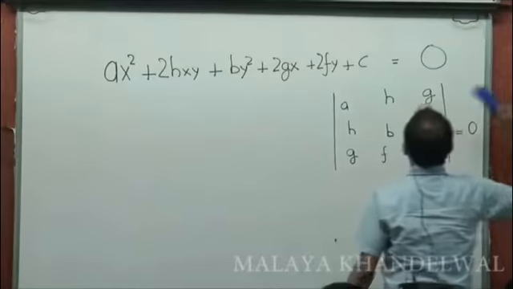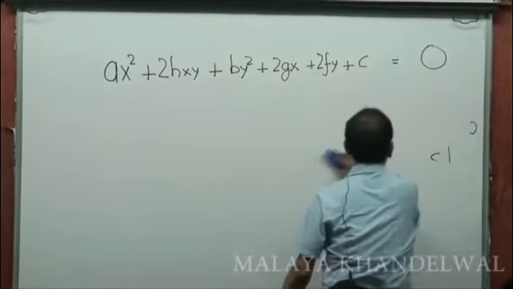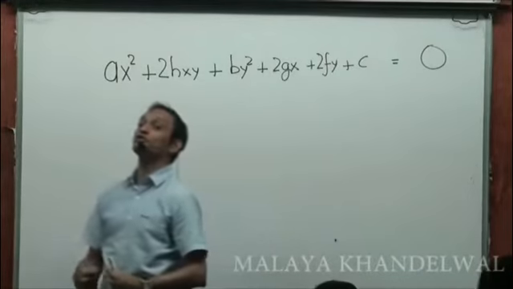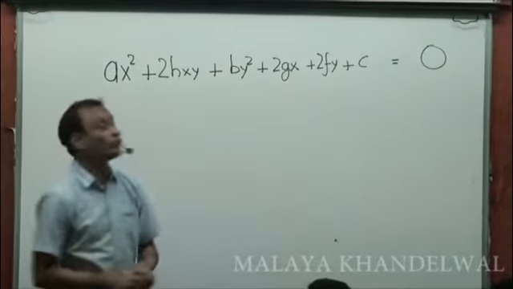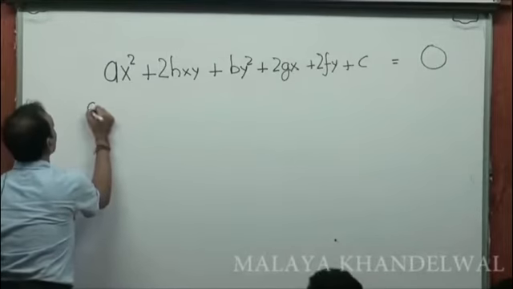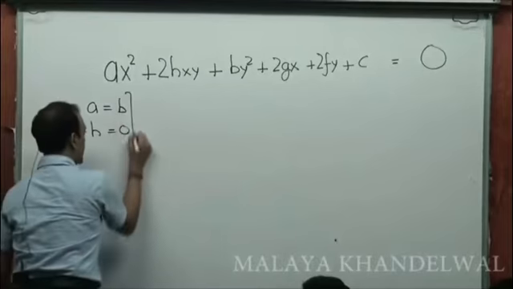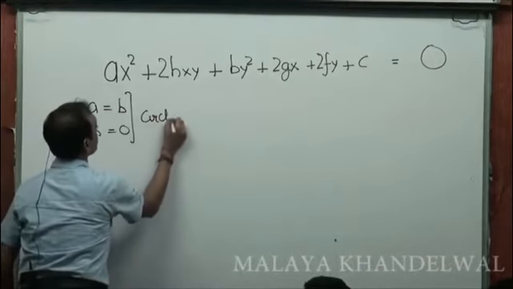Similarly, this same equation, under different conditions, will represent different things. For example, if A is B and H is 0, we will learn down the line that this represents a circle.